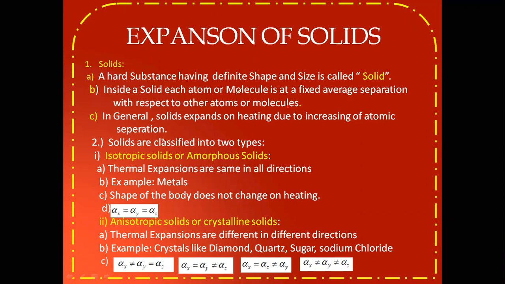A hard substance having definite shape and size is what we call a solid. In a solid, all the atoms or molecules are separated by a fixed separation and vibrate with a fixed amplitude.